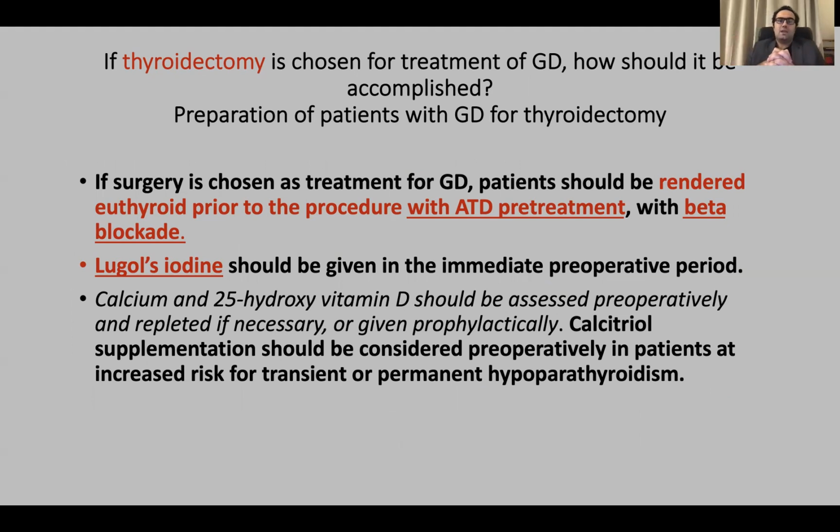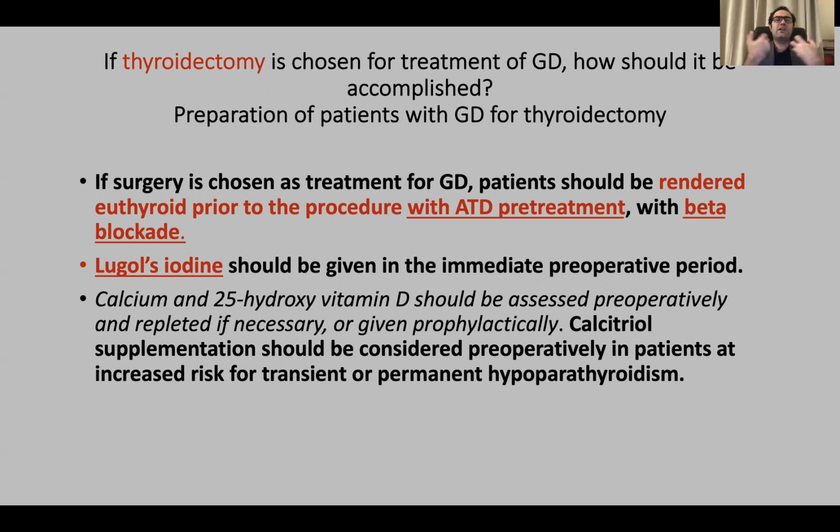Now, if thyroidectomy is chosen for treatment of Graves' disease, how should it be accomplished? Preparation kya honi chahiye? So, isme sabse pehle we have to render the patient euthyroid with anti-thyroid pre-treatment and beta blocker. Saath saath Lugol's iodine milna chahiye in the immediate pre-operative period, like 3 days pehle shuru kare ya 7 days pehle shuru kare.